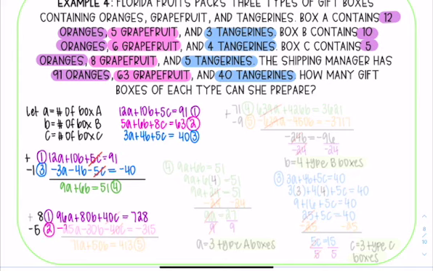So we end up with -25A minus 30B minus 40C equals -315. And so the C's end up canceling.